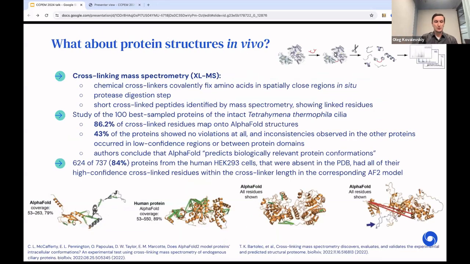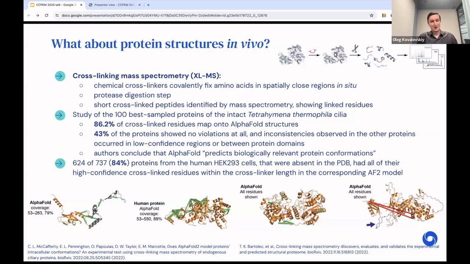A method of cross-linking mass spectrometry can deliver structural information in situ. It reveals closely located parts of proteins in 3D space at proteome scale. In this technique, chemical cross-linkers covalently fix amino acids that are spatially close, and after a protease digestion step, the resulting short cross-linked peptides are identified and analyzed by mass spectrometry.